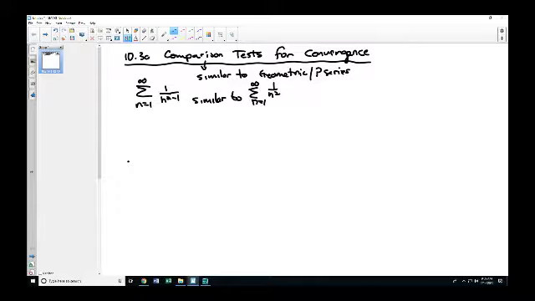The key here is that you have to compare them, bigger or smaller. Bigger. Now, does equal to matter in this sense?